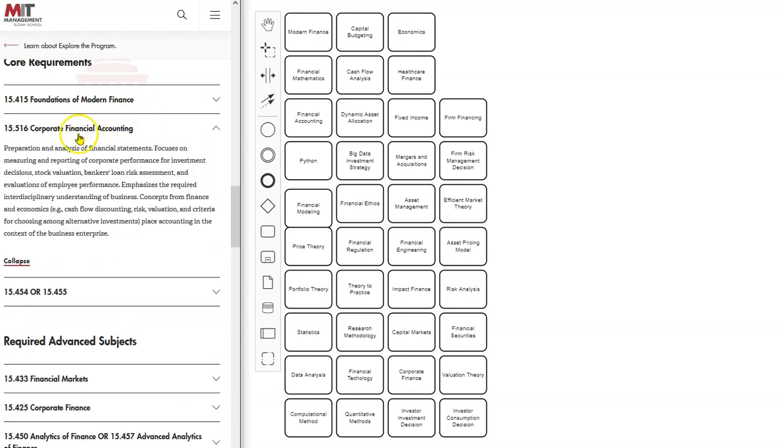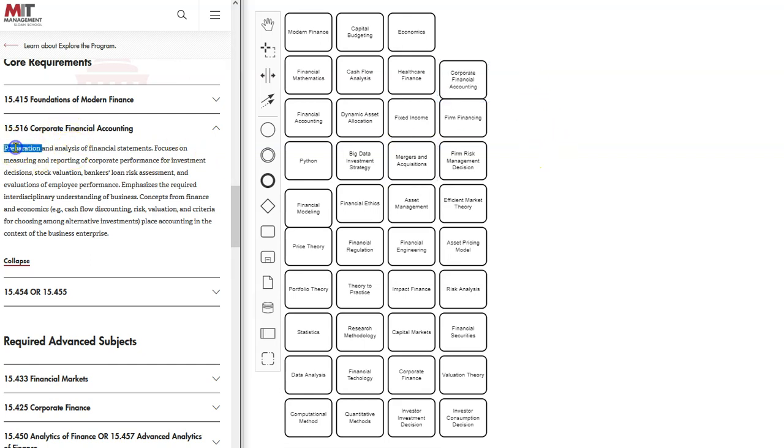Let's move on to corporate financial accounting. So we do have financial accounting here. And we have corporate finance down here. It looks like there's a certain type of financial accounting called corporate financial accounting.